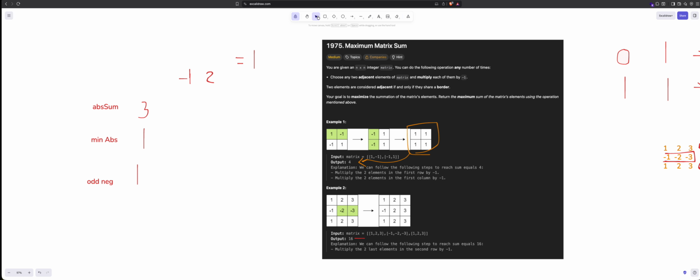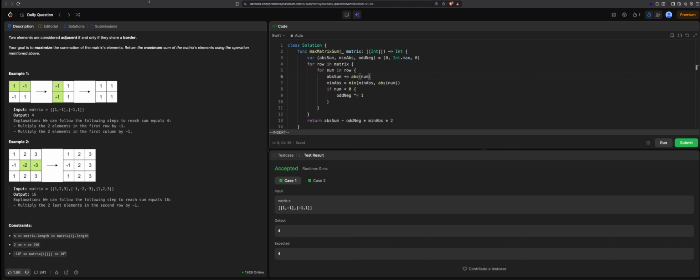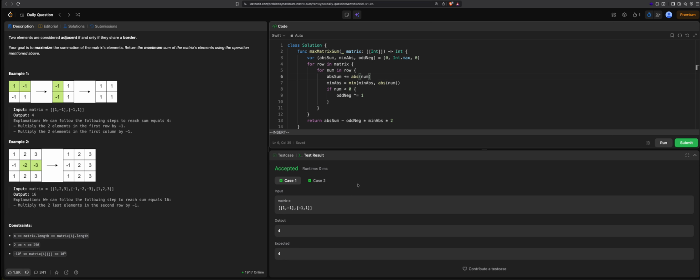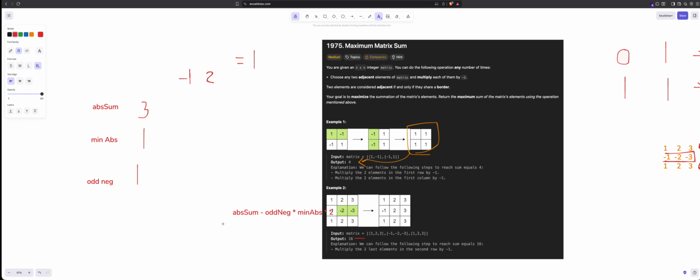Alright, based on that, if we do the calculation with the absolute sum, which is 3 here, our odd negative, which is 1, I will explain that here. Our absolute sum is 3. Let's do the substitution. Our negative is 1, and then we have a minimum absolute of 1.